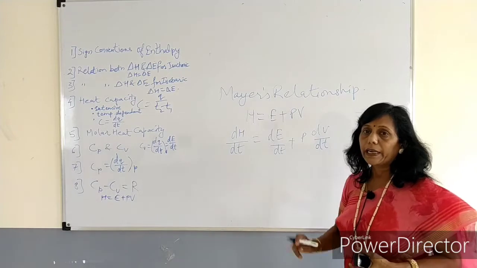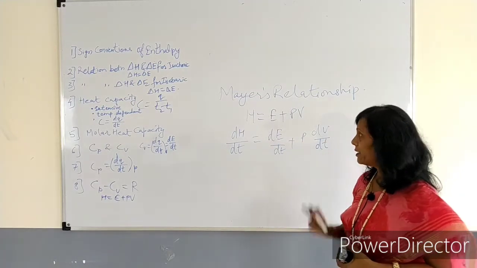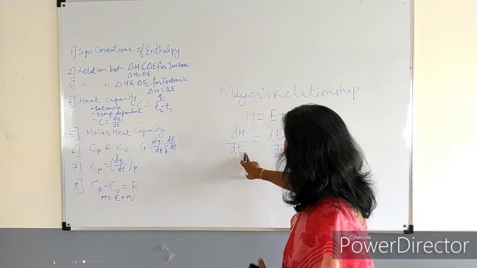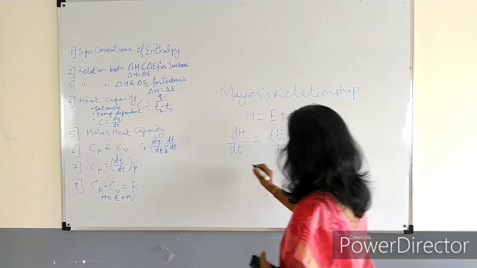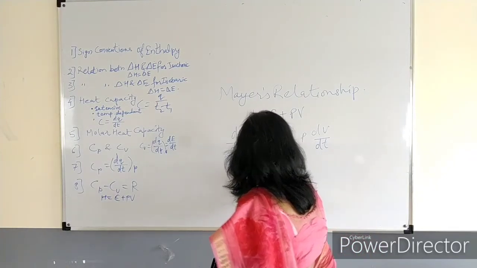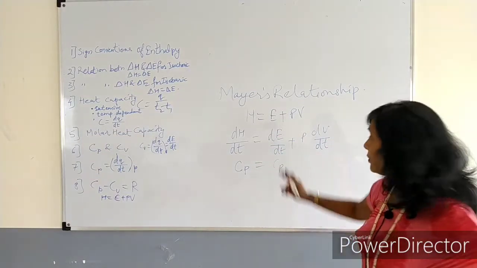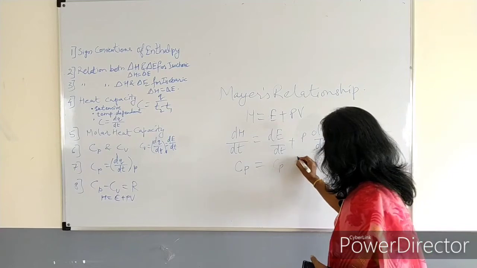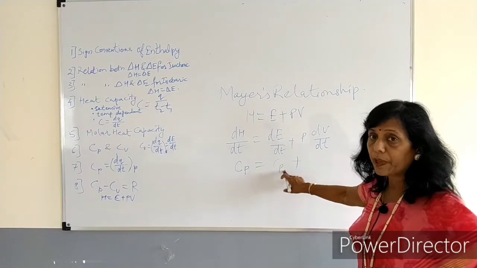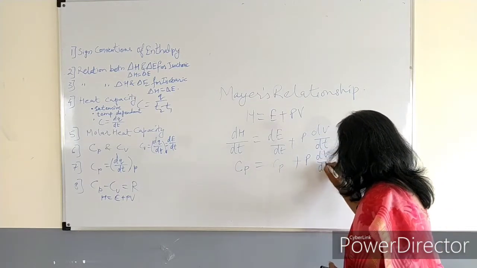Am I right? dH by dt is equal to dE by dt plus PdV by dt, isn't it? Now dH by dt will be equal to Cp, and dE by dt we can replace as Cv, right? The term P dV by dt we will write as it is.